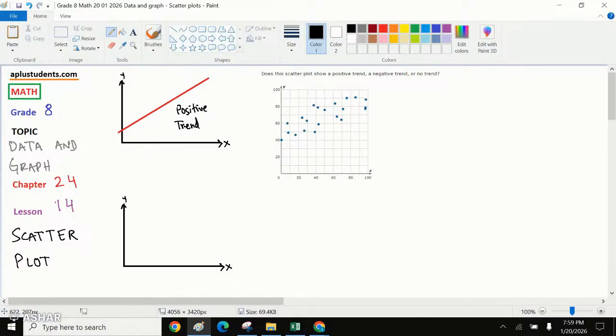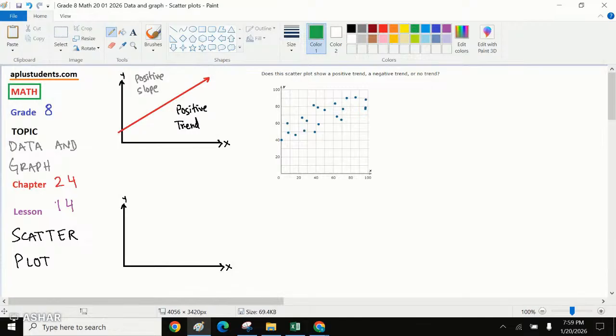That means it's increasing, right? Or we can say this line has a positive slope. If x is increasing, y is also increasing.